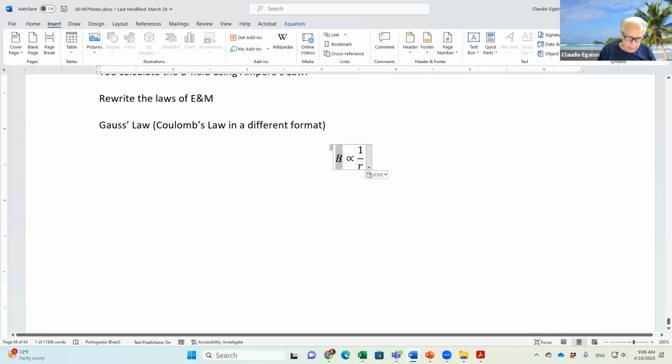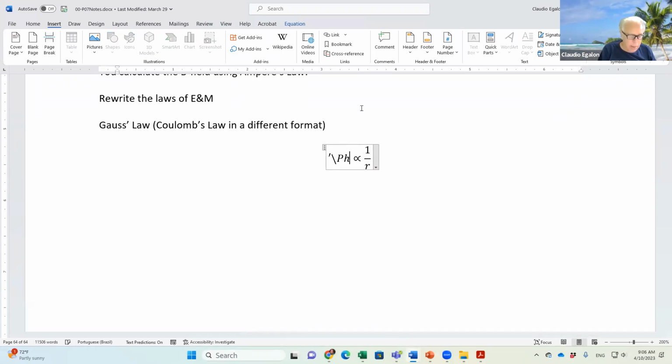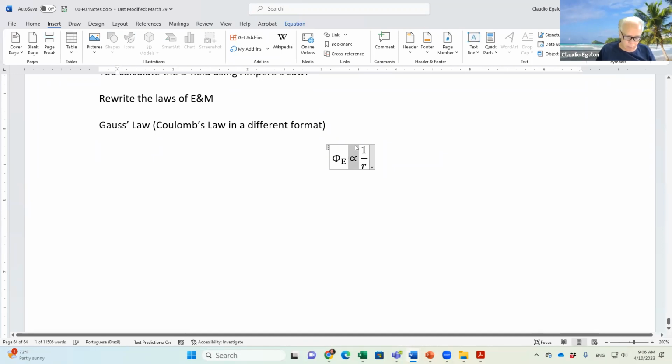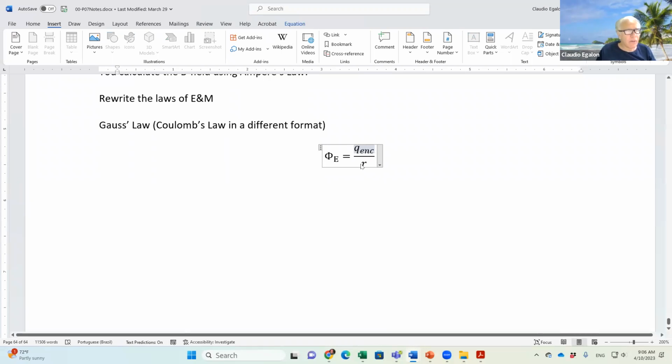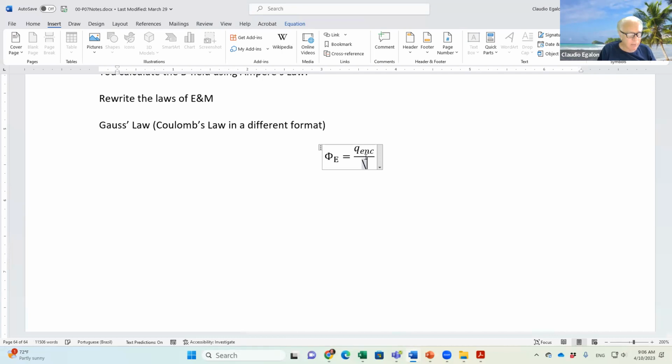It should be the electric flux equal to Q enclosed divided by epsilon naught.